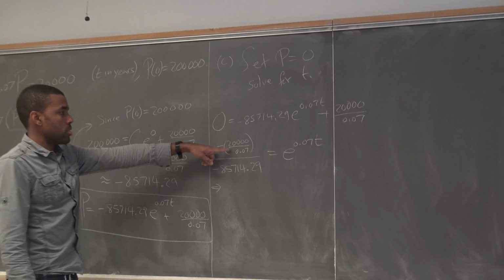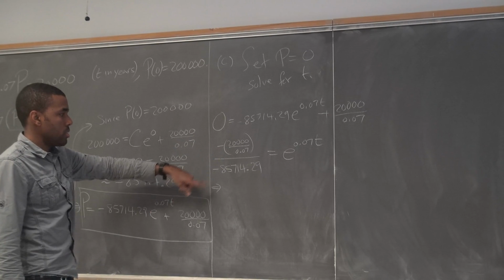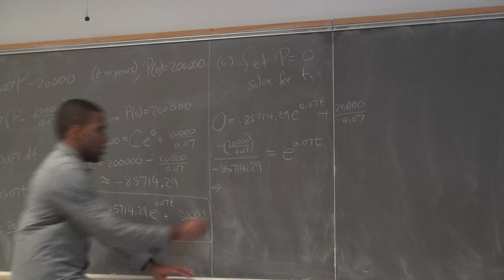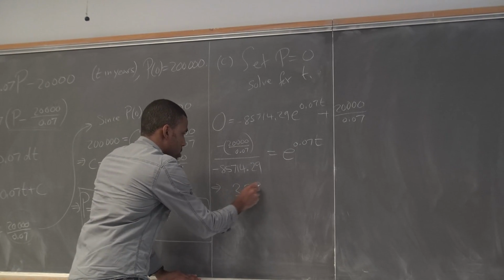This is 20,000, or divide that by 0.07. Then divide your answer by 85714.29. 3.33.